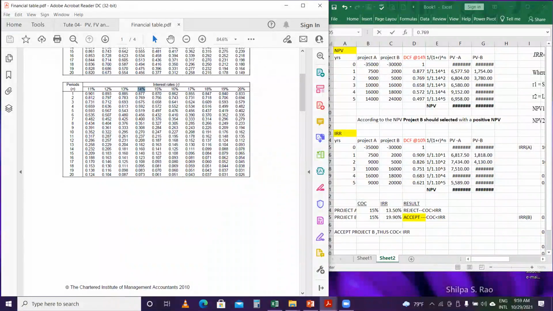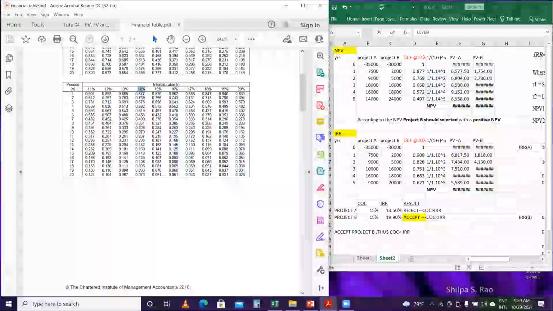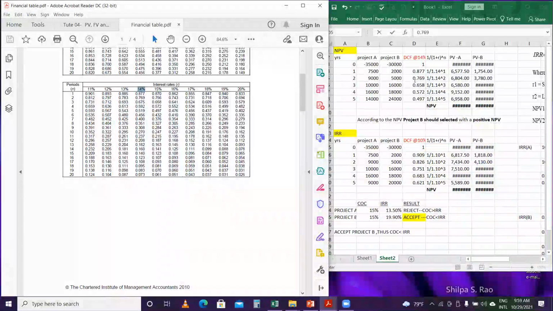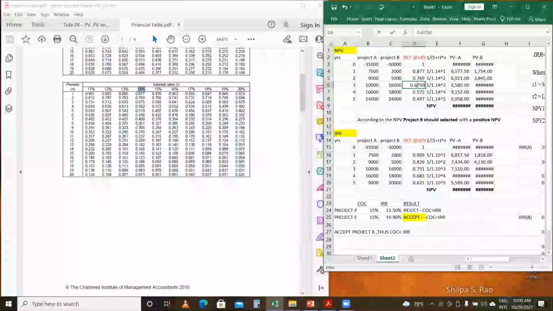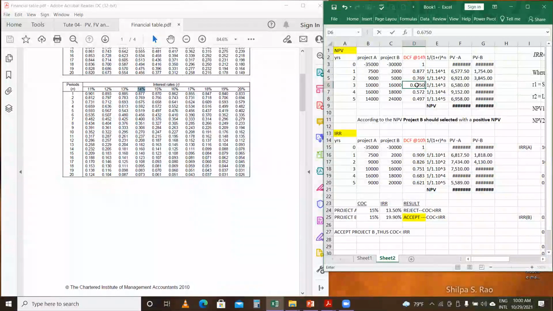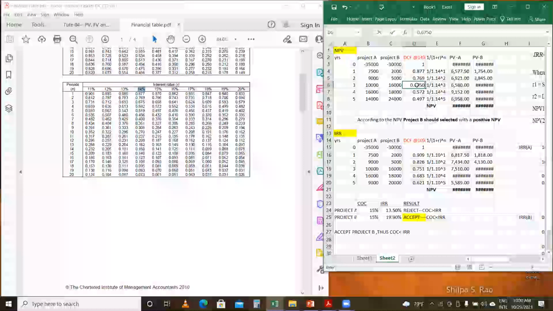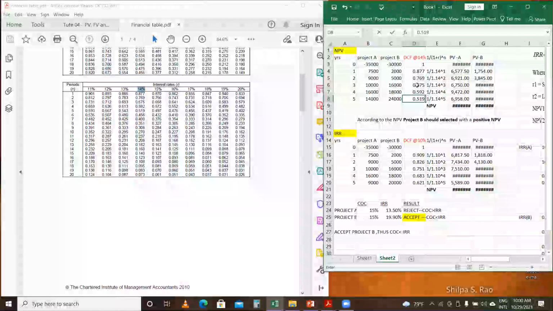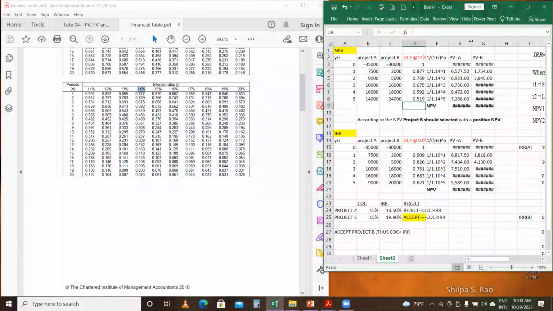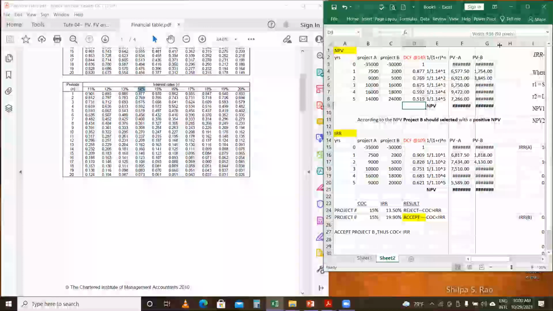So if not, you can use the formula as well. 14%, then 0.675, then 0.592, finally 0.519. So these are the discount factors at 14%.